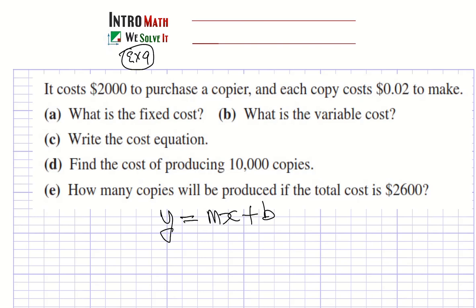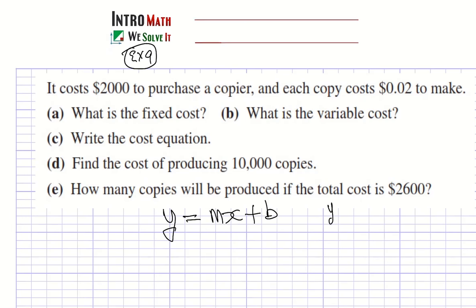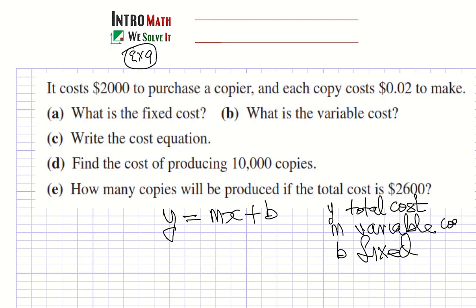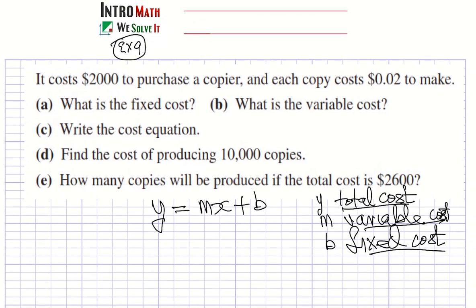From the previous problem, they're telling us y is the total cost, okay? m is the variable cost, okay, and then b is the fixed cost. Total cost, variable cost, fixed cost. All that can be gotten from that equation, man.